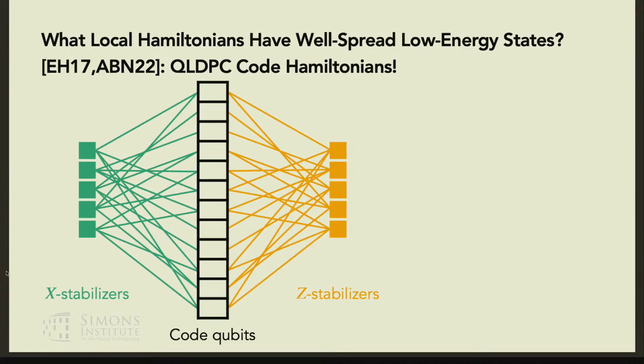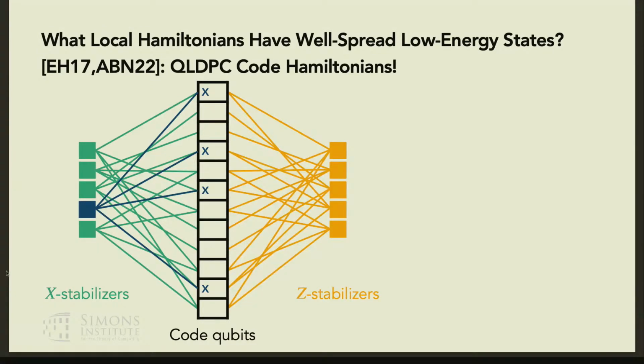So I'll give a brief description of some more involved structure that qLDPC codes have. In general, a CSS qLDPC code can be defined by a tripartite graph, where we have the code qubits in the middle, the Z stabilizers on the right, and the X stabilizers on the left. I should say stabilizer generators. Each vertex on the left defines a stabilizer, which is given by the tensor product of Pauli X's on the qubits that it neighbors.